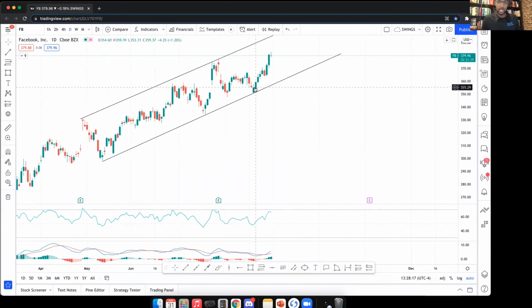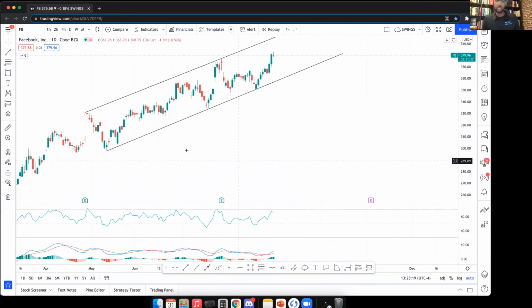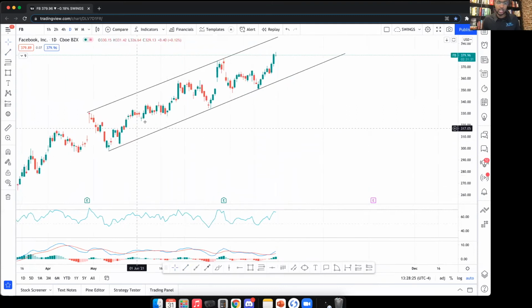Bottom, top, bottom, top. When we're trading, you want to find a position when the stock gets to the bottom of the channel and trade it all the way up to the top of the channel. That's essentially what we're trying to do as traders. And that would be a perfect entry and exit on a stock like Facebook. Facebook, high volume stock, you know it's going to move, all right?